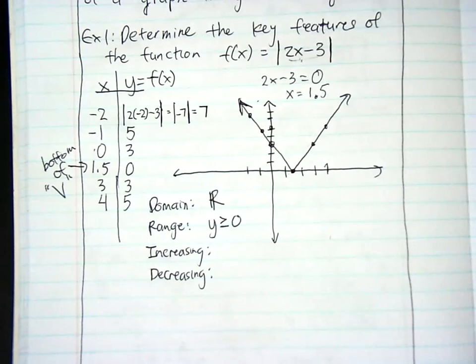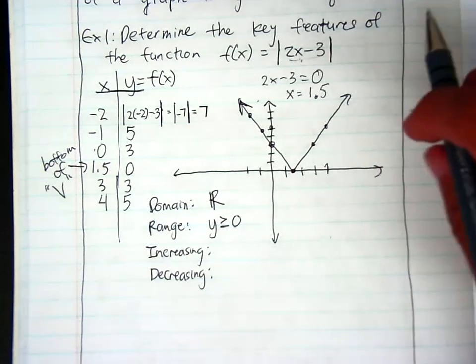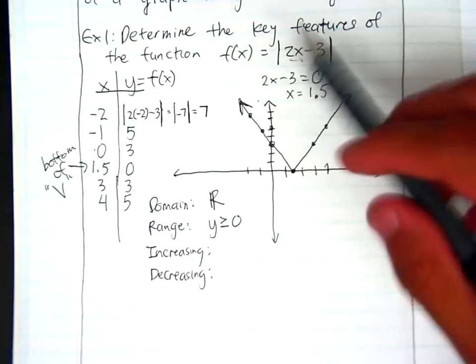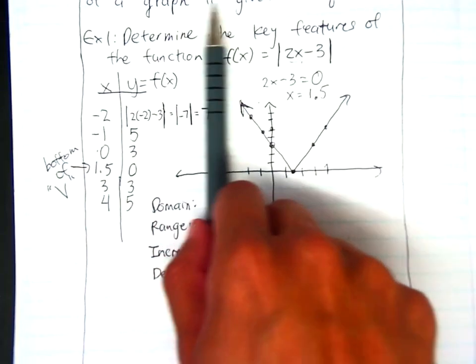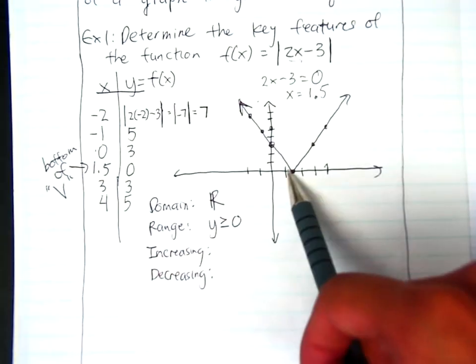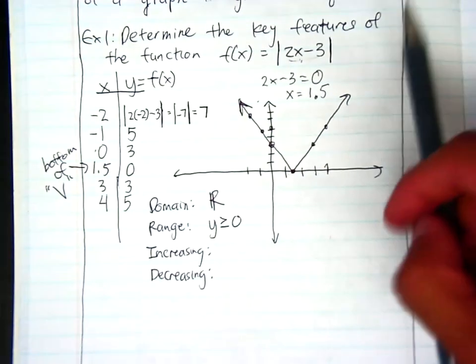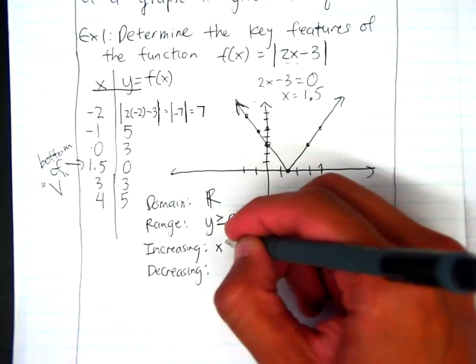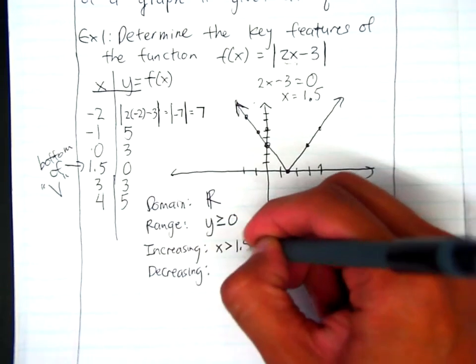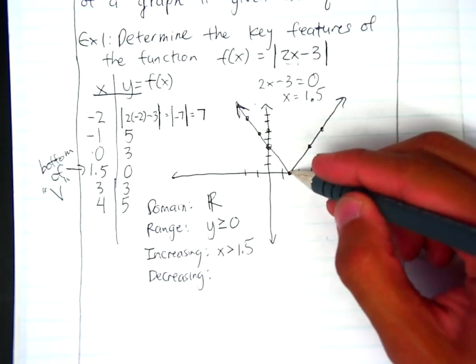Okay. Now I'm going to look at my graph, see if it's increasing. So increasing meant it was going up, going left to right. So if I go left to right, I know it increases from this point, and it'll keep increasing. So it is increasing from the x value, it's going to be 1.5, because here's 1.5, and from then on it increases.